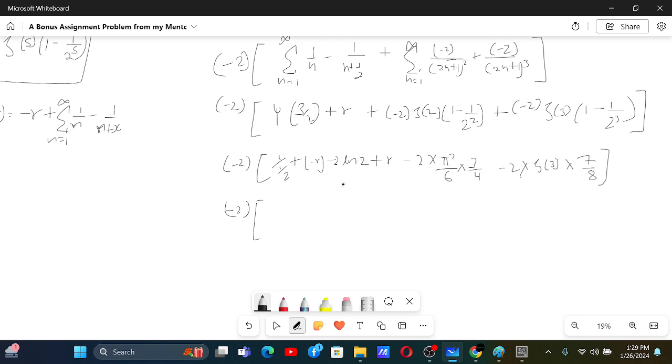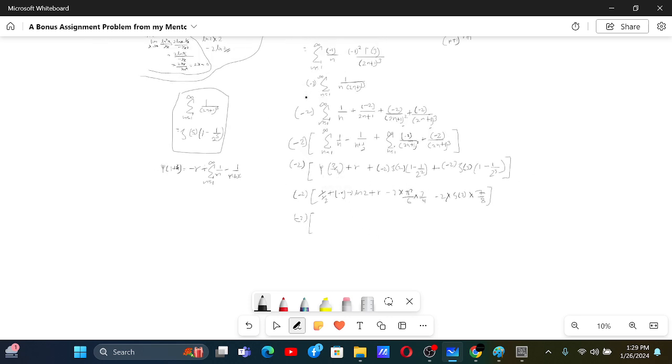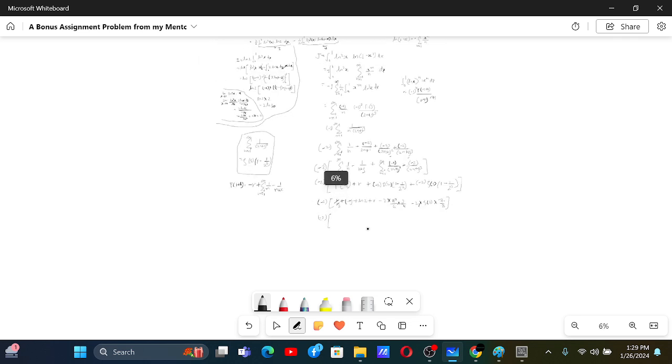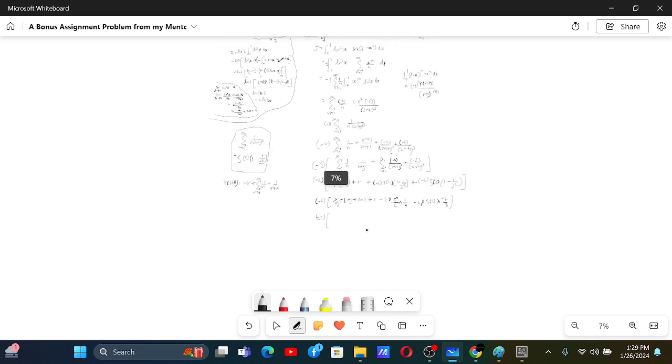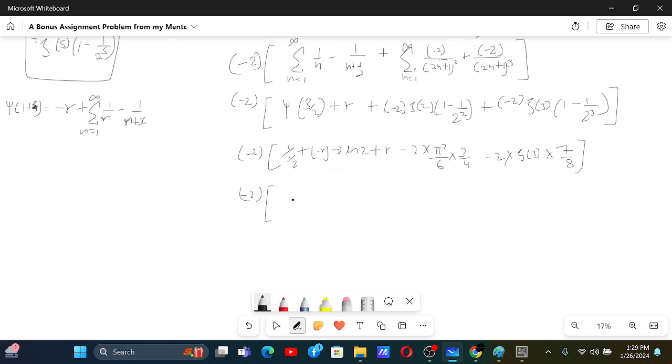Why does it look to me like the minus 2 is unnecessary? It's necessary, it will cancel over there. Fine, doesn't matter. Now this is 2, and these two cancel out.